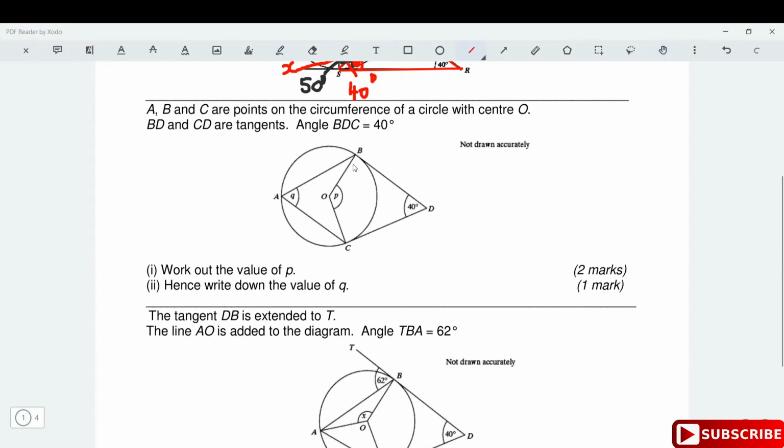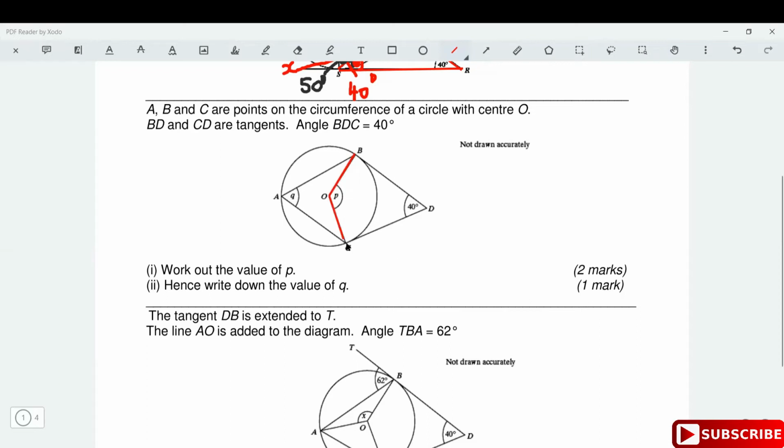So let me show you the cyclic quad we're talking about. These right here are radii. This right here, tangent at C, tangent at B. All right, so you can tell them that two tangents and two radii always form a cyclic quad. Two tangents, can put in bracket, in this case, BD and CD, and two radii.